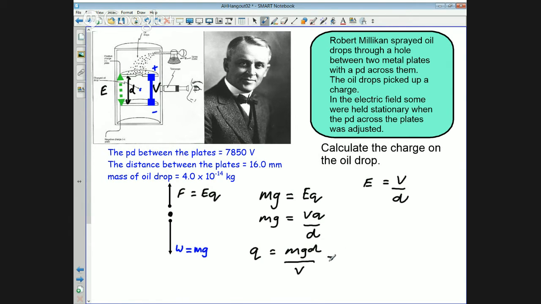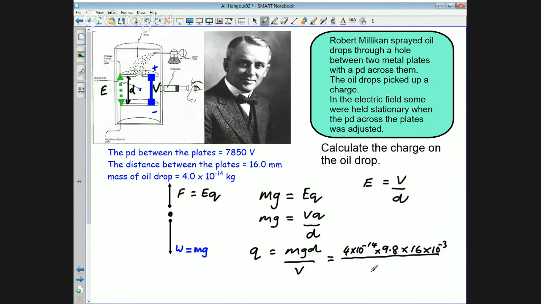And if we plug in the numbers, we'll see what we get. The mass of the oil drop is going to be 4 times 10 to the power minus 14. You can do this calculation as we go along. Times 9.8 multiplied by the distance between the plates, 16 millimeters. And to change that, we just have to go 16 times 10 to the minus 3 meters. Divided by the potential difference.